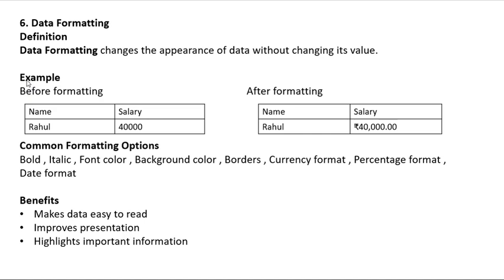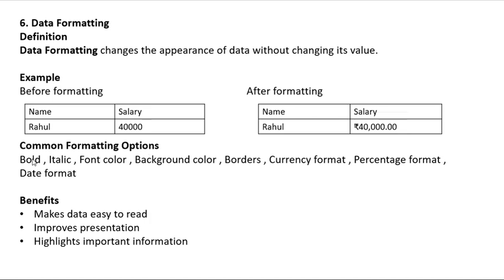For example, before formatting, names and salaries, and the salary is in simple format, written as 40,000. After formatting, first a symbol is given, like rupees or dollars, then a comma is given, and last a dot is given.